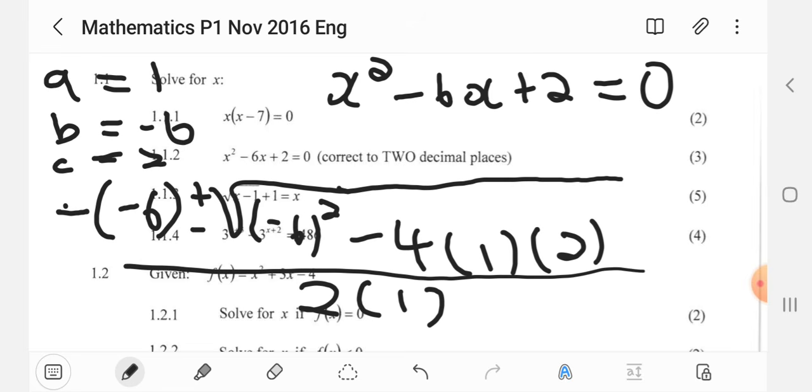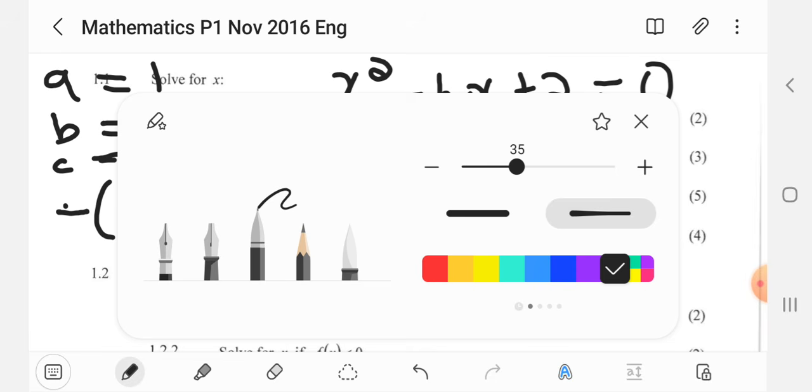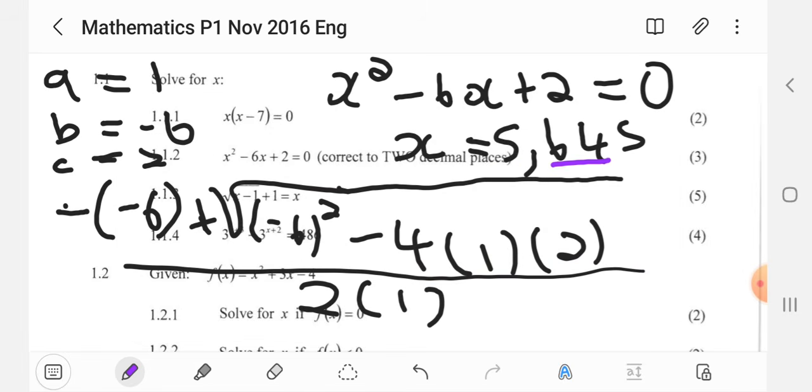And then firstly, with this one, you start by saying plus here, and that's when you will get that x equals 6.45. You have to correct to 2 decimal places, so it's 6.45.